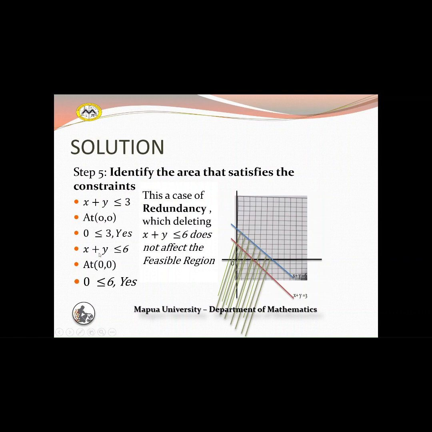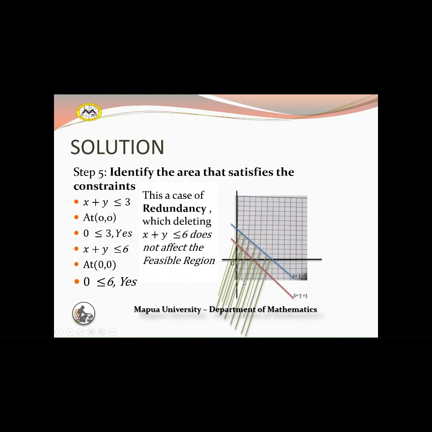And for the constraint x plus y less than or equal to 6, using the testing point (0, 0), is 0 less than or equal to 6? The answer is also yes. So from the corresponding boundary line of the constraint, we shade the half-plane region including the testing point (0, 0).